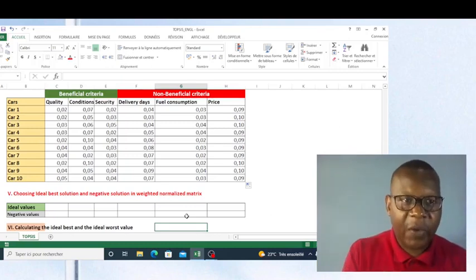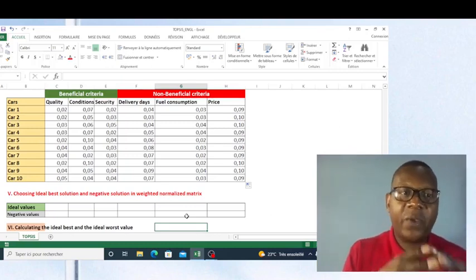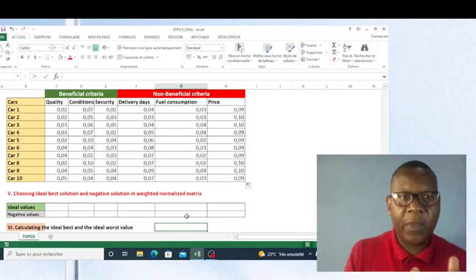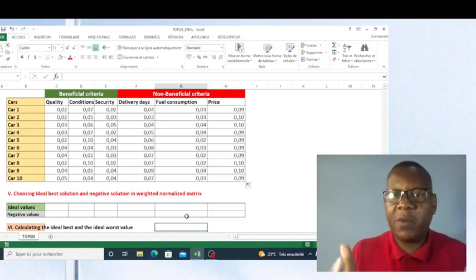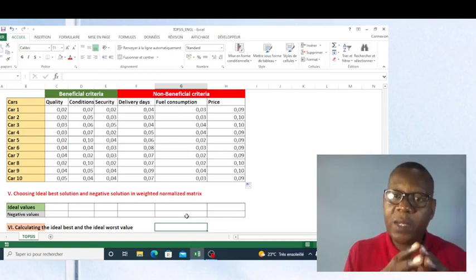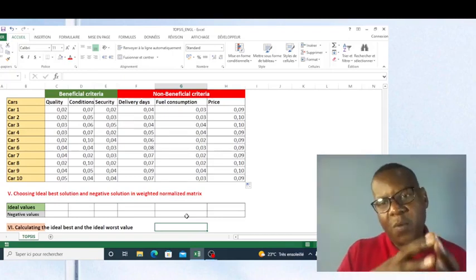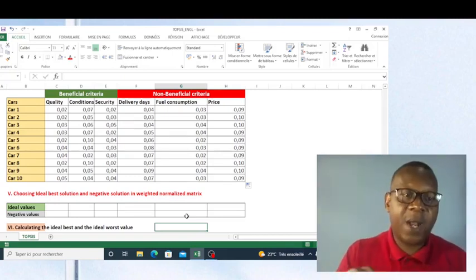For instance, for quality, we need a car with the highest quality. Non-beneficial criteria are those for which we need the minimum value. For instance, price is a non-beneficial criteria because we need a car but at the lowest price.